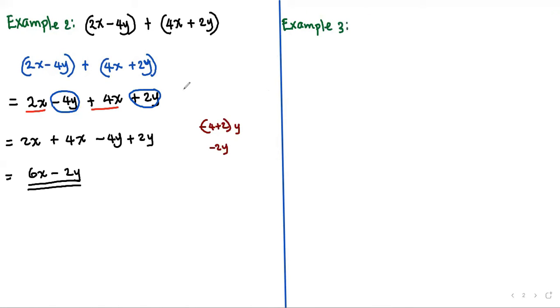So for example number 3, let us have x cubed, or you can say x to the power of 3, plus 2y cubed minus 3 plus negative 5x cubed plus 2.